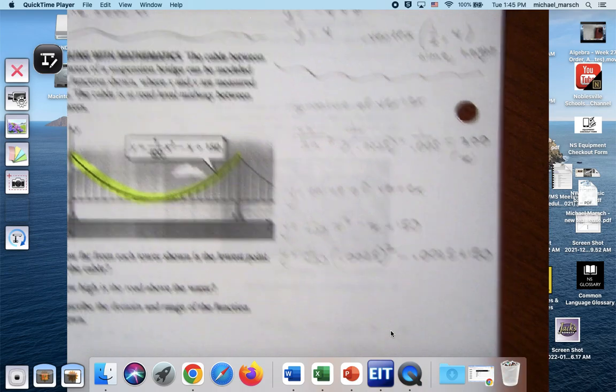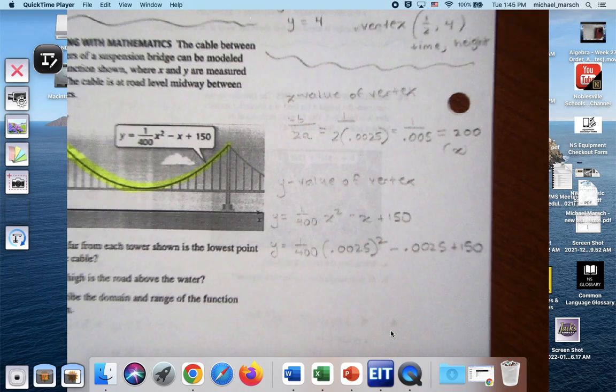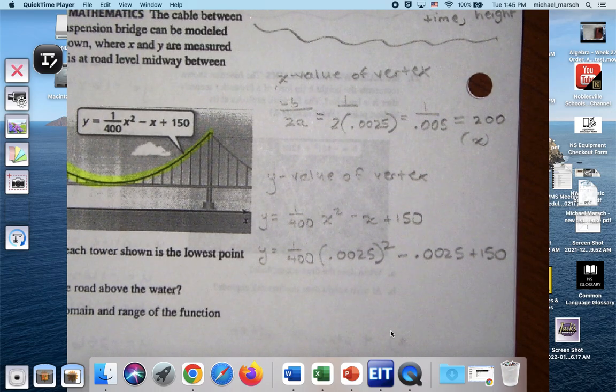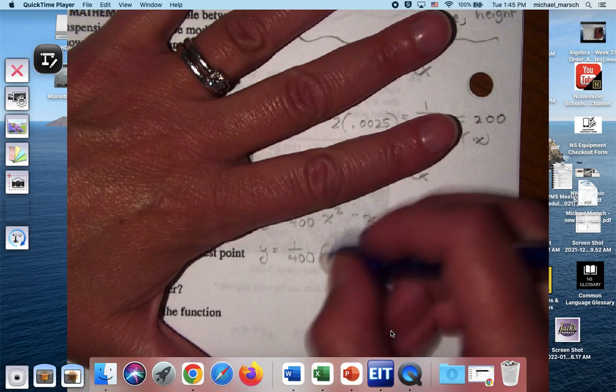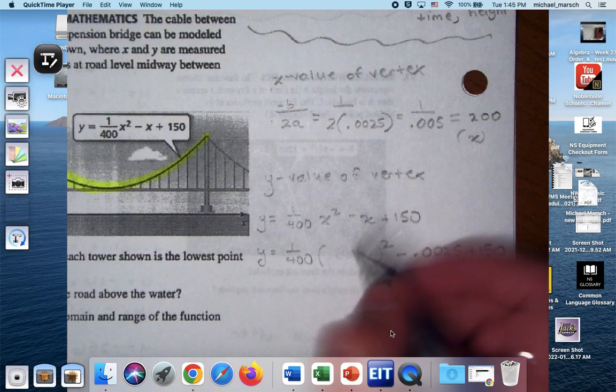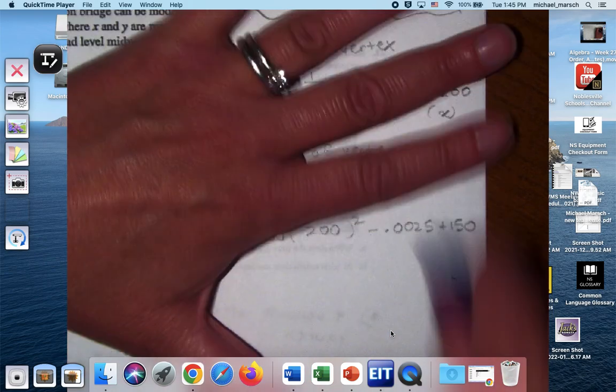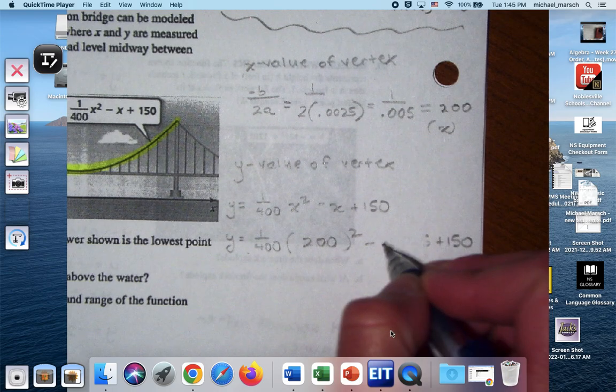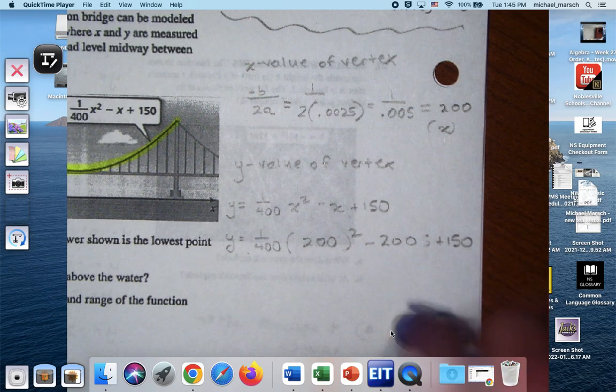So it looks like a lot of random numbers, but remember, you get to use a calculator, right? So then what is 0.0025? Wait, why did I put that? Should be 200. I'm sorry. This should be 200. Okay. Minus 200. There we go.